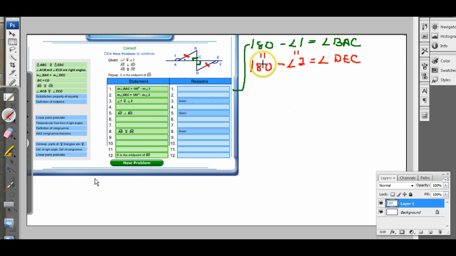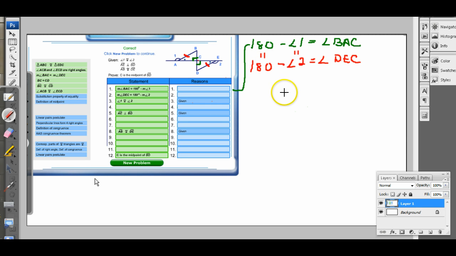And at the same token, if we go over to this line, which is a 180 degree line, and we take away angle 2 from it, then we're left with this angle here, DEC.